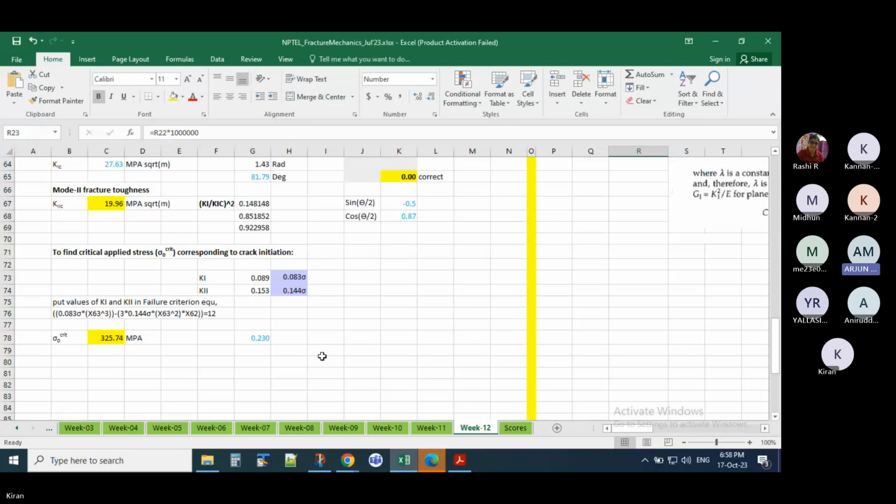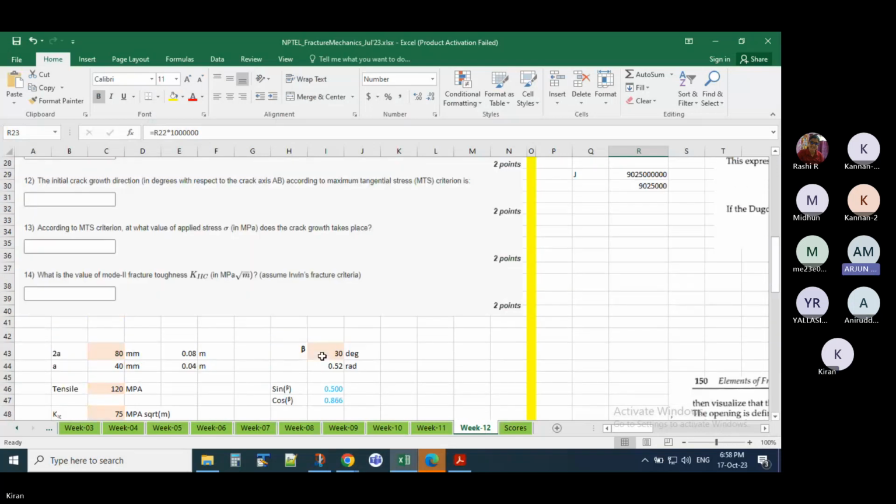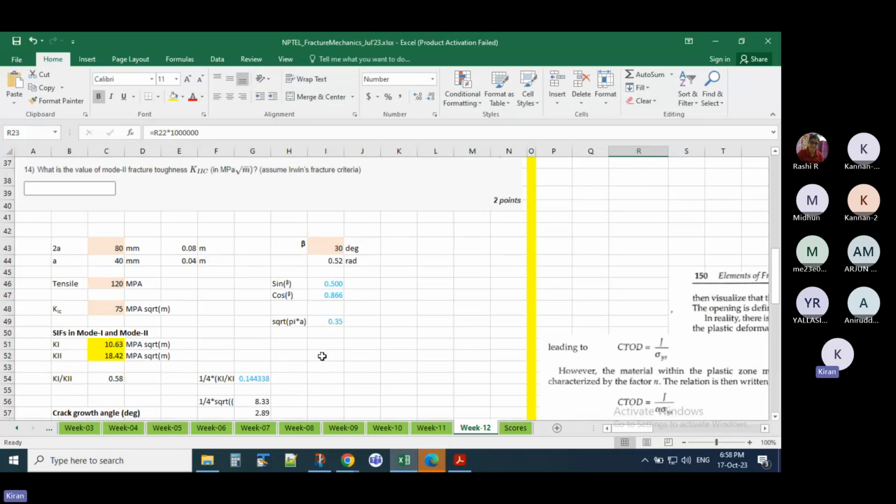I had referred to Broek, because finding that 1 by root 2 pi r took me a lot of time. I'm trying to find the page from where I took that. If I get it, I will share it with you.